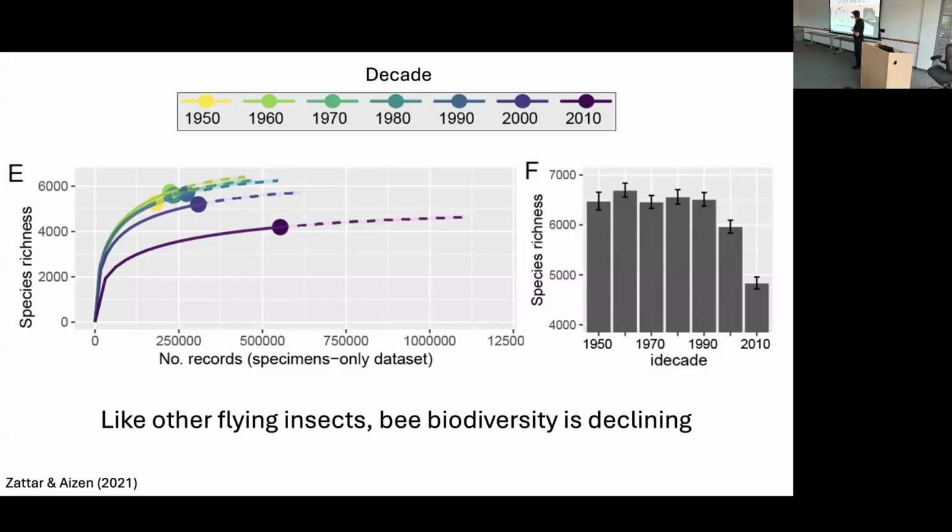But by the time we hit 1990, 2000, and 2010, that curve starts to go way down, right? And one of the things that's even more concerning here is that we actually have a lot more specimens getting cataloged in these most recent time periods, but there's a lot less detection of bee biodiversity. So this is proof of concept, along with the other things I just showed you, that indeed bee biodiversity is declining.